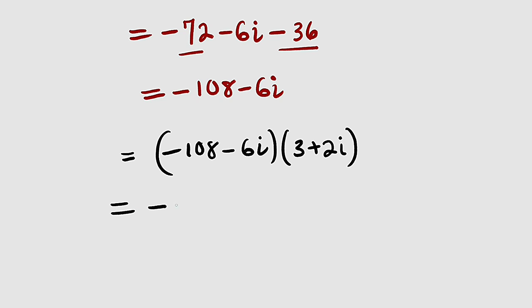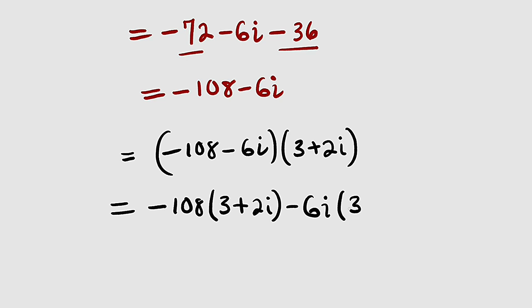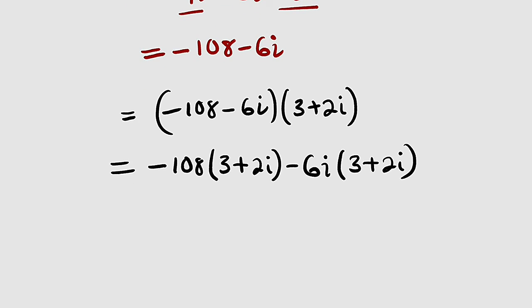This is the same thing as negative 108 multiplied by 3 plus 2i, then minus 6i multiplied by 3 plus 2i. Negative 108 multiplied by 3 is negative 324. Then minus times plus is minus. 108 multiplied by 2 is 216, but we have i.